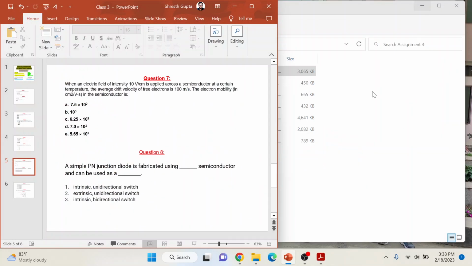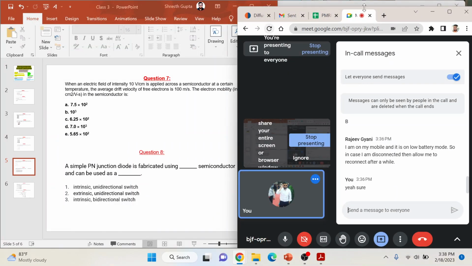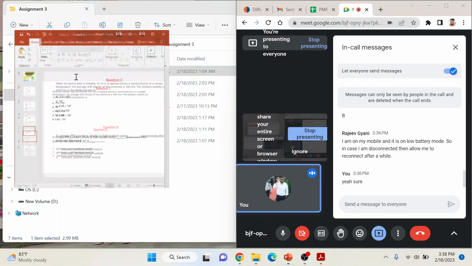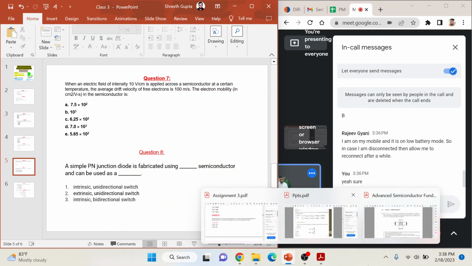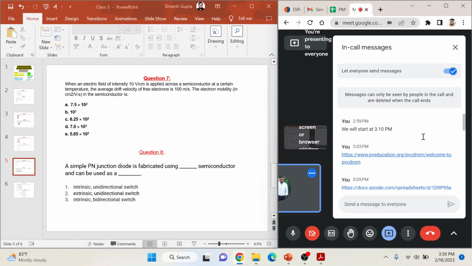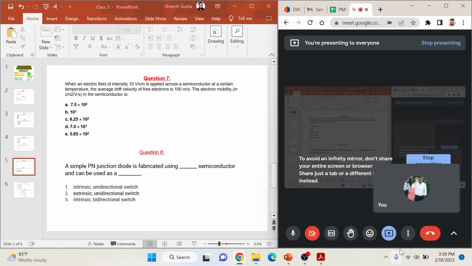Who is this? Somebody said something, right? Yes, sir. Velocity by field intensity. Yeah, so what will be the answer?